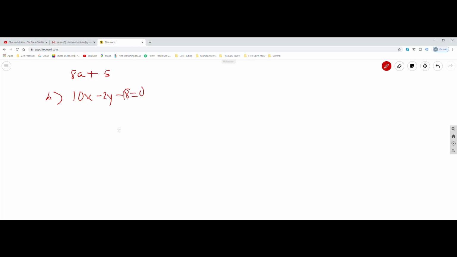So negative 2y equals negative 10x plus 18, divided by negative 2, divided by negative 2, divided by negative 2. So you have y equals 5x minus 9.